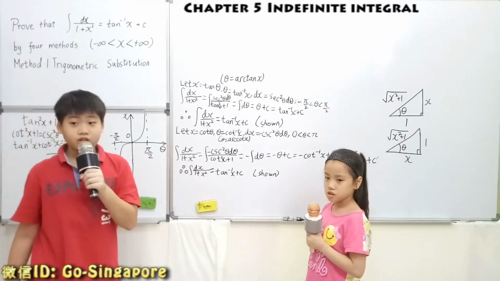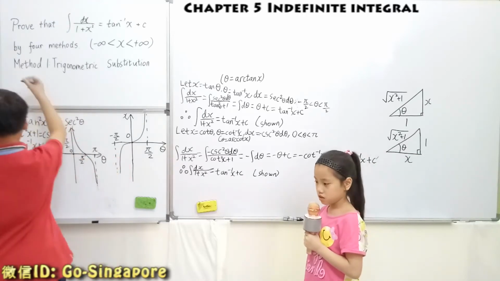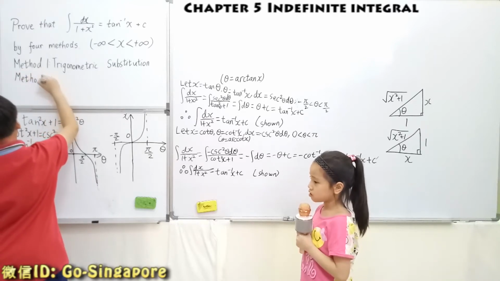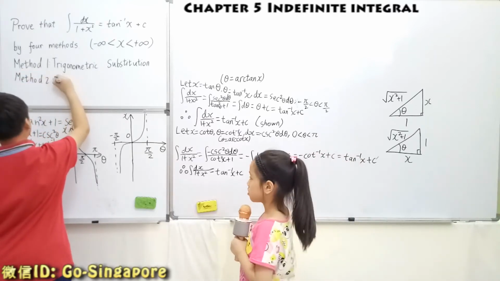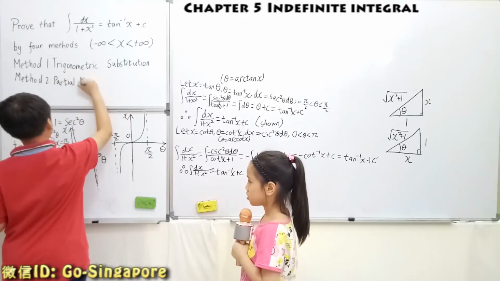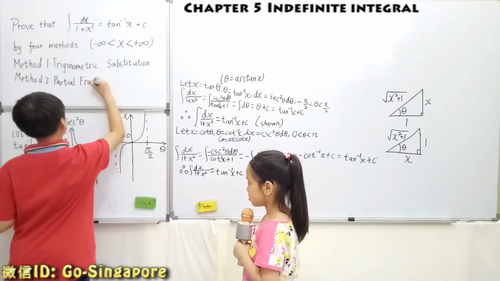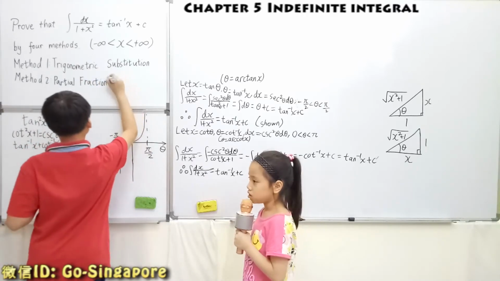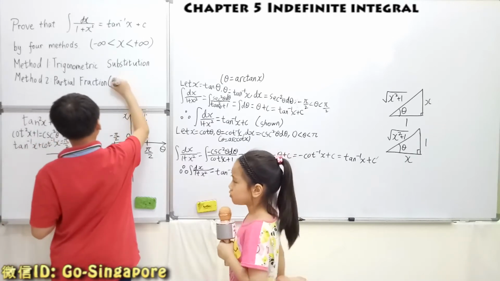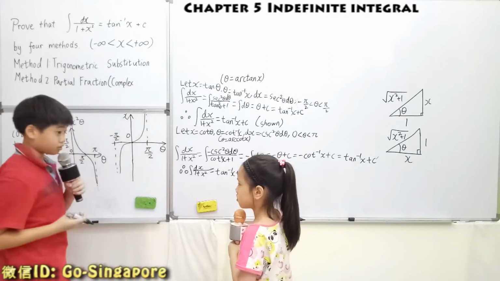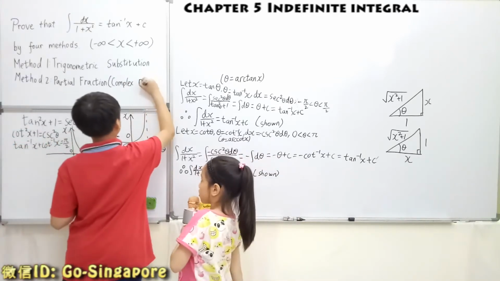Next, method 2: partial fraction. Here we need to use complex numbers.